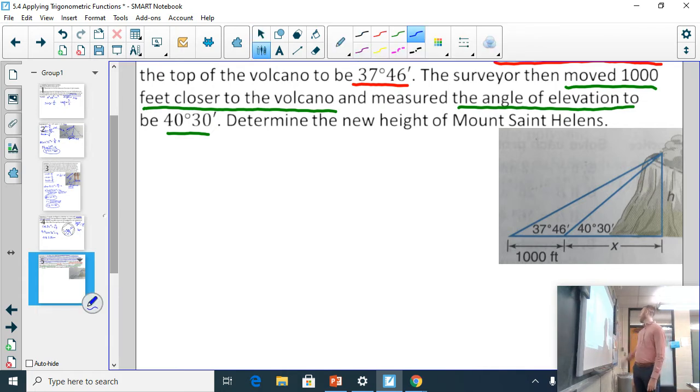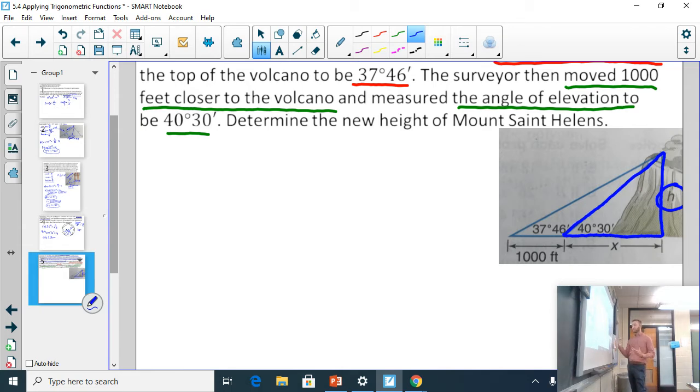Determine the new height of the mountain. So we are looking for h, which is important. Now, to get h, we kind of need to use this inside triangle here, right? But to get it, we would need to know x.